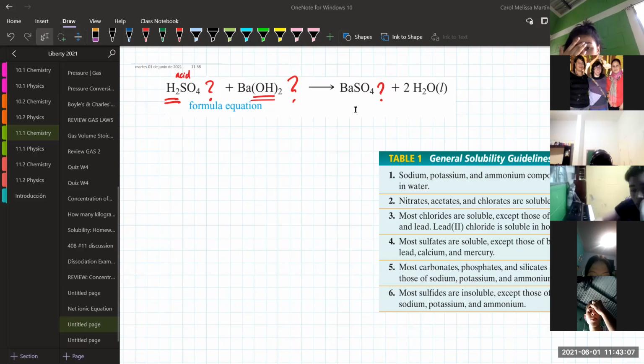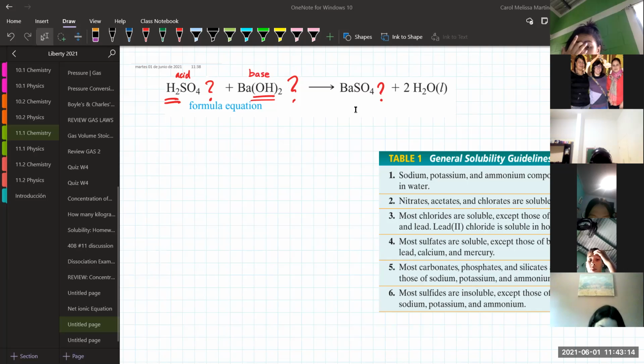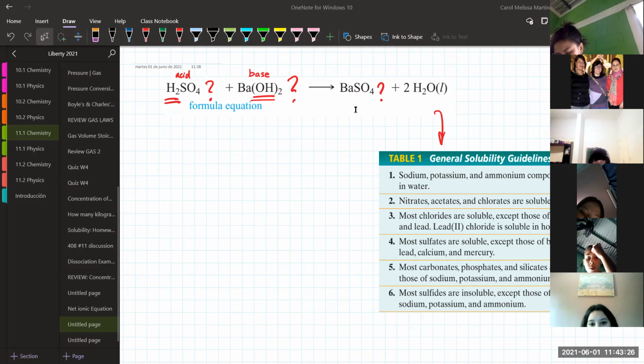When you have a hydroxide ion, it's known as a base compound. So, by knowing that you have acid and base, we're going to look in the table of solubilities, what does it say about acids and bases?